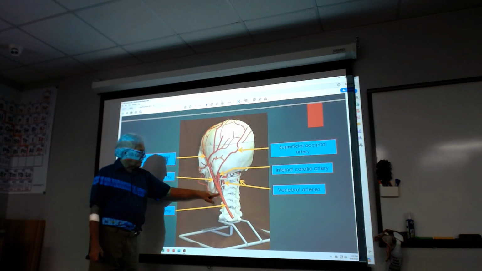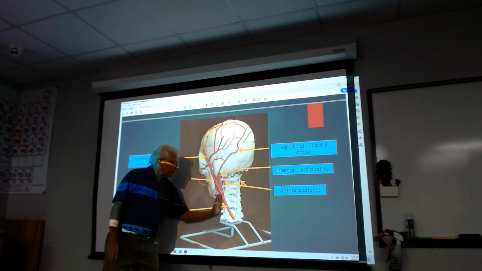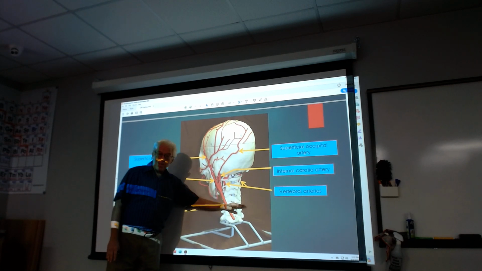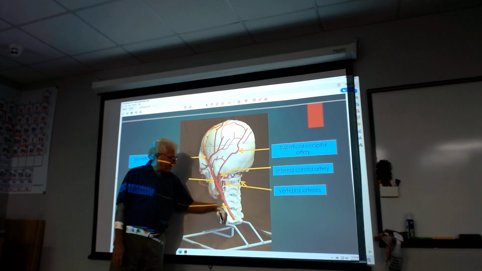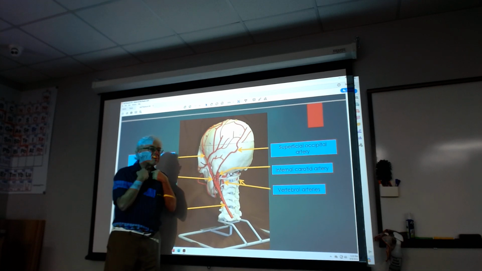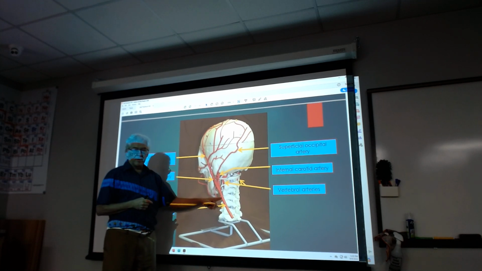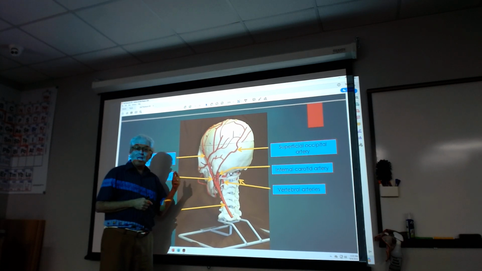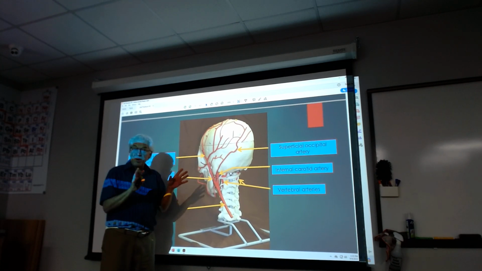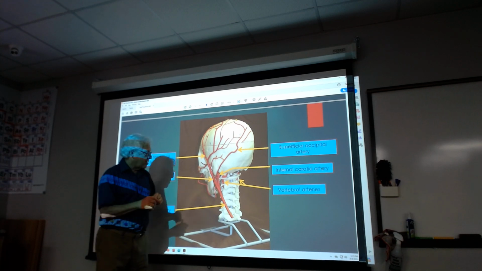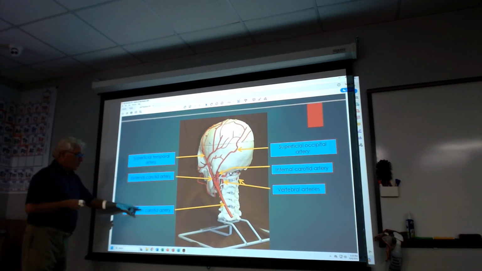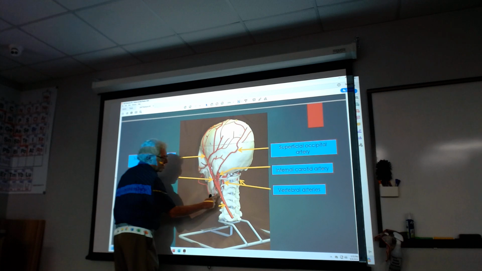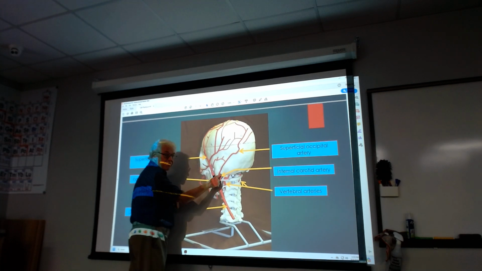That's much better to see here. Now, please note, actually go straight up. Somebody bent the crap out of this thing so it wouldn't bend back down. But it comes up as a common, which means it's going to branch into an internal and an external with the same name. Got it? So, that's it. Carotid artery. The internal one goes in here and feeds your brain.